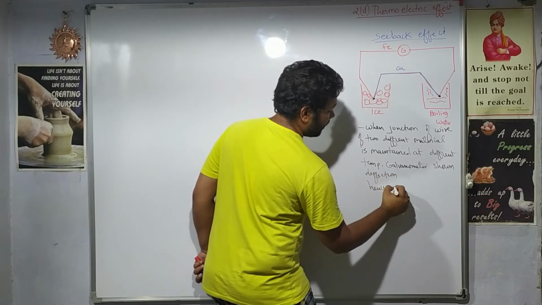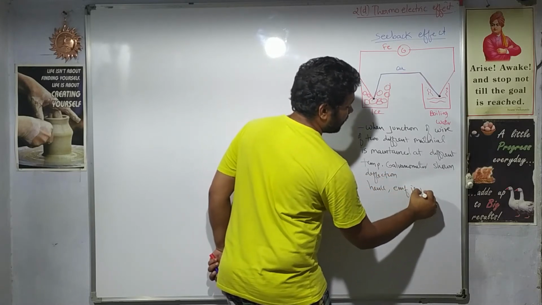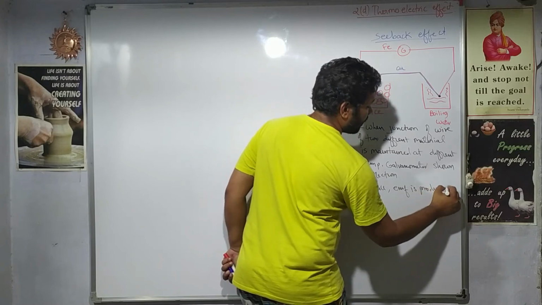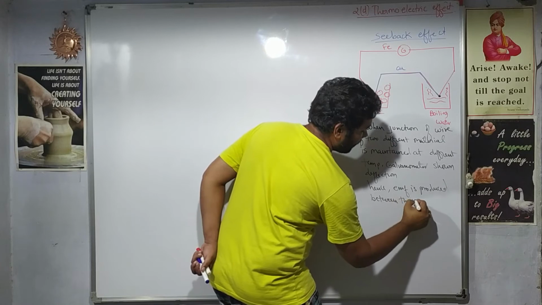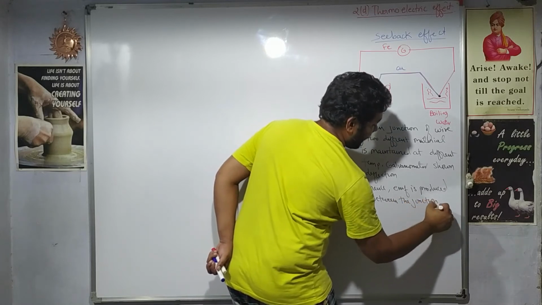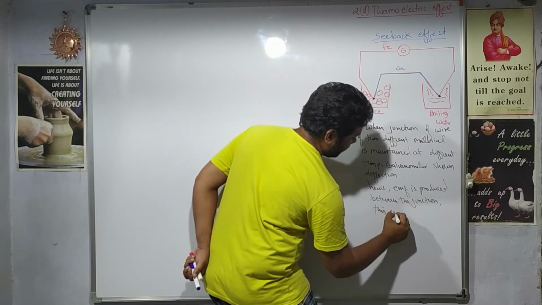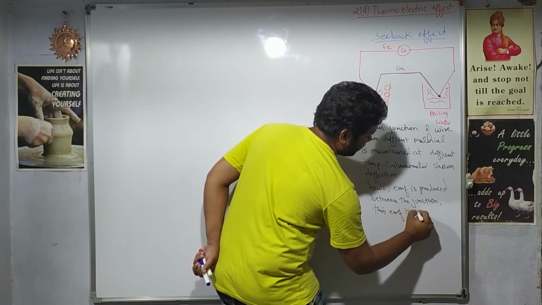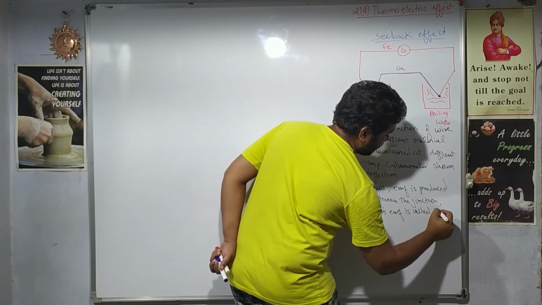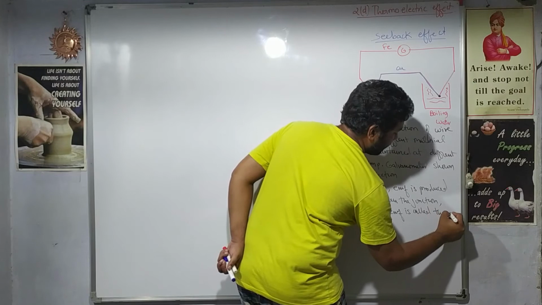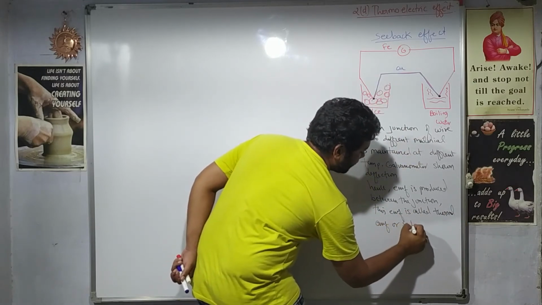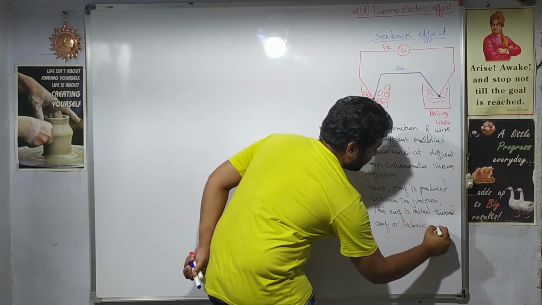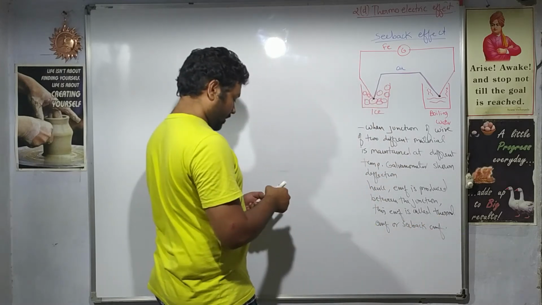Hence, EMF is produced between the junctions, and this EMF is called thermal EMF or Seebeck EMF. Correct?